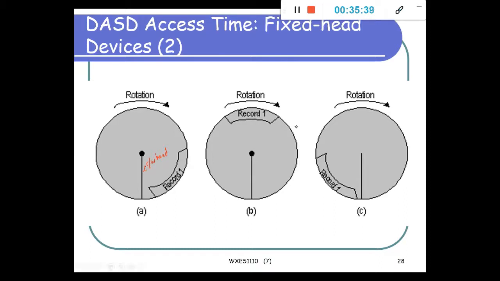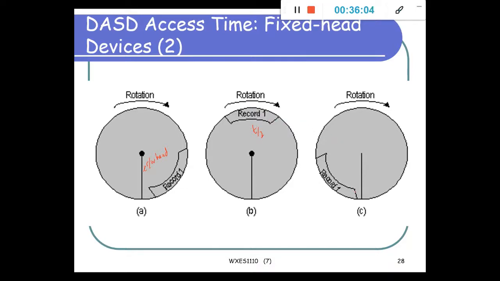B is the average situation. You can see that the record is directly opposite to the head. Rotational delay is T over 2, half of it, where T is the time for one full rotation. This is the common case. And rotation C is the worst situation.